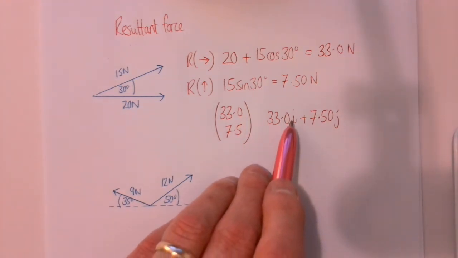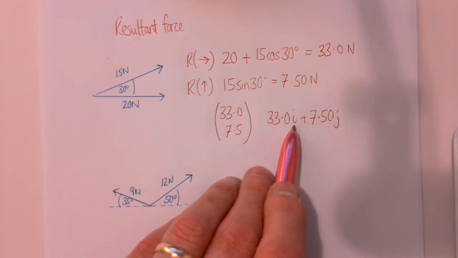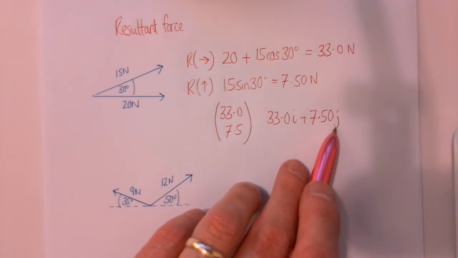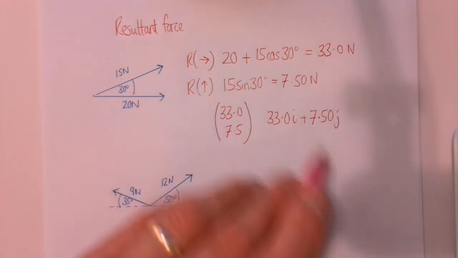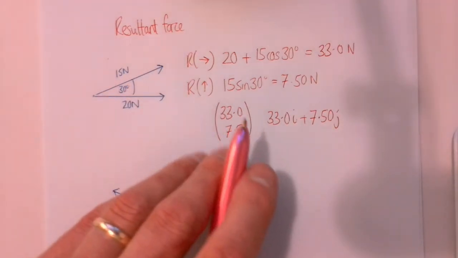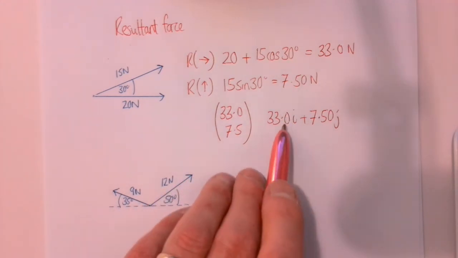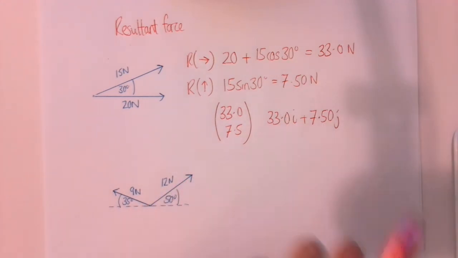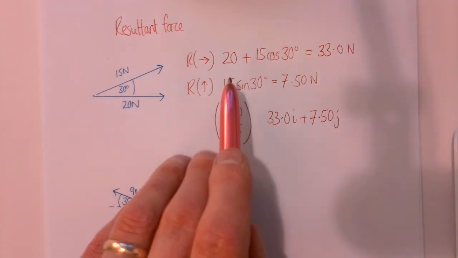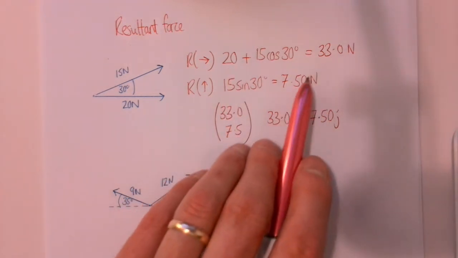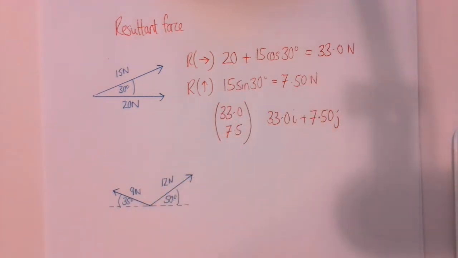It's a unit vector. It's 1 unit in the x direction, 1 unit in the y direction. But this is another way of describing the resultant force as a vector, a combination of the x and y components, written as separate horizontal and vertical components.